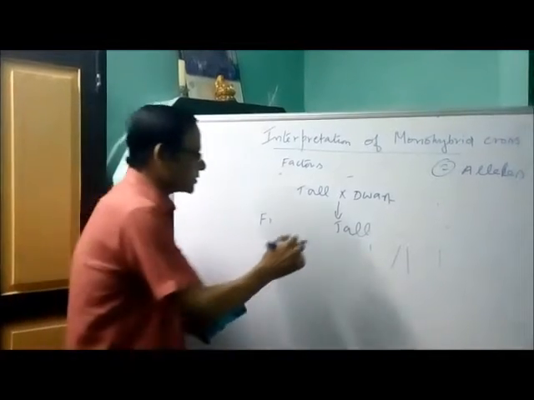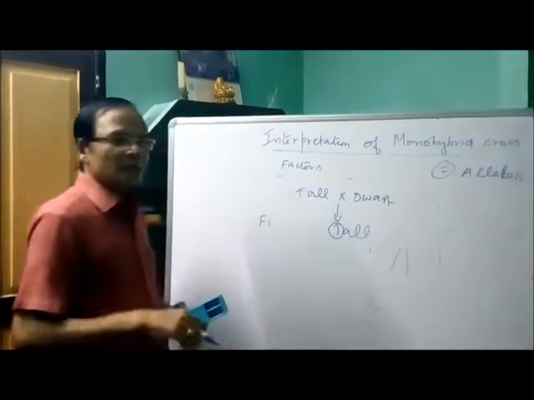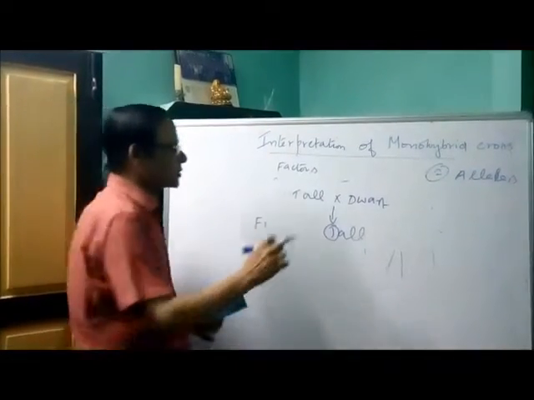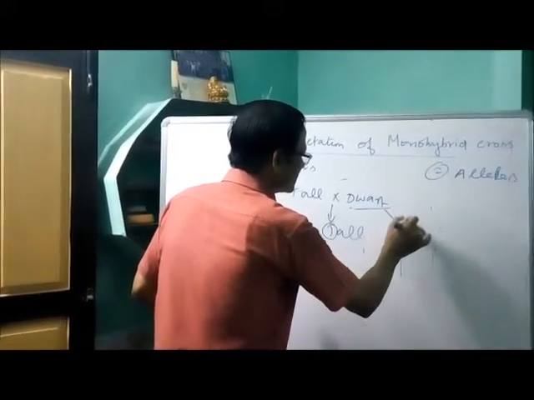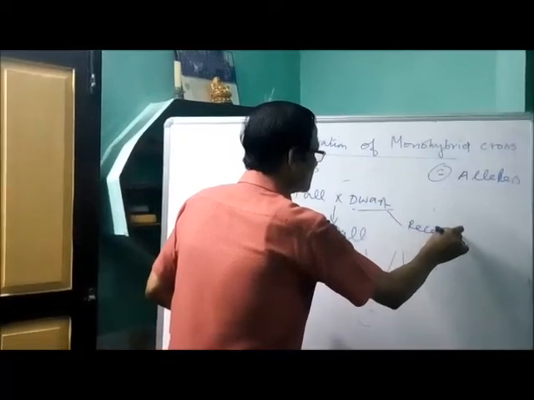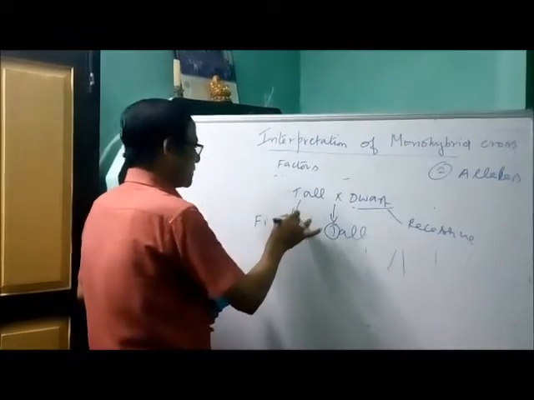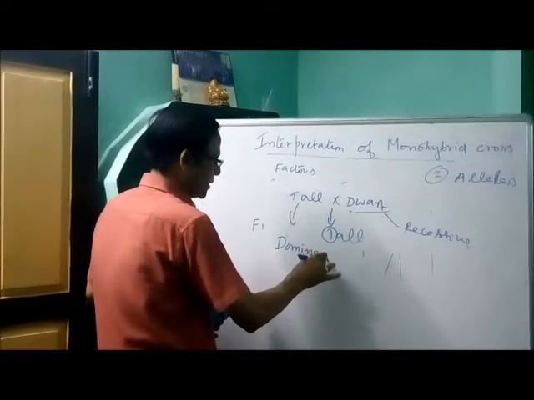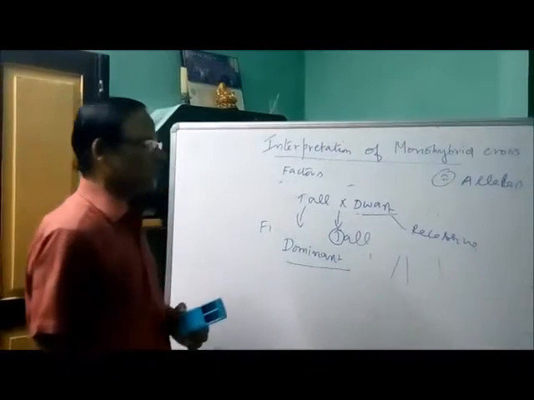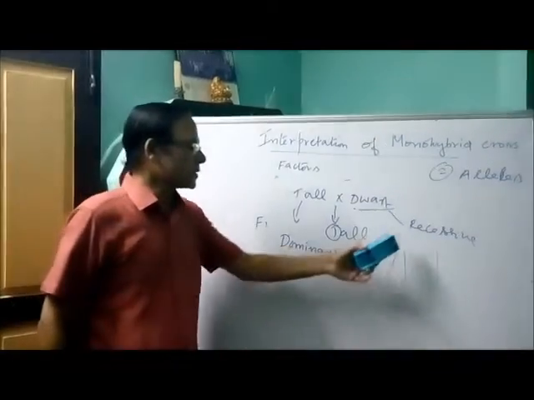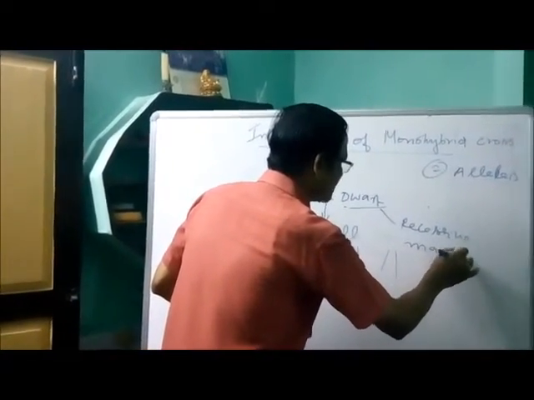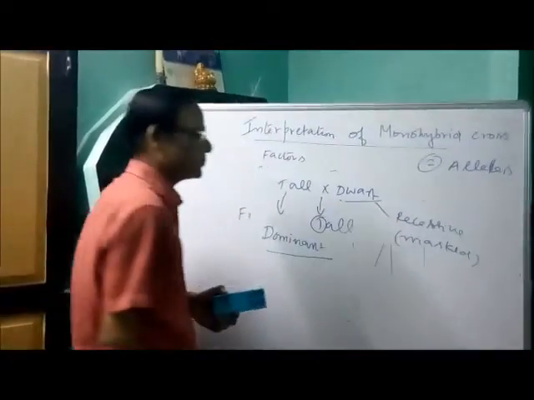That's why we are taking the first letter of that character. And the other character which is being suppressed or masked is called a recessive. Now this is recessive. This is another interpretation. Masked means hidden or suppressed.